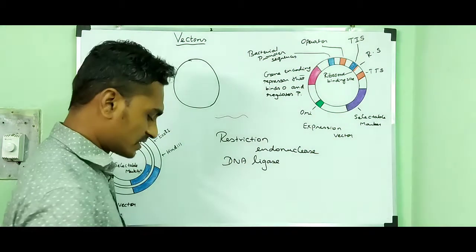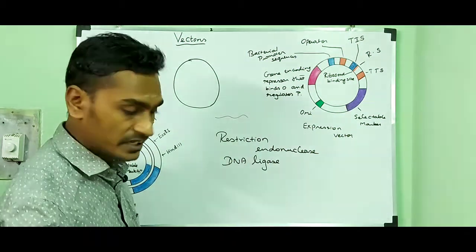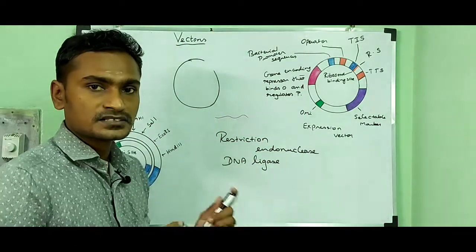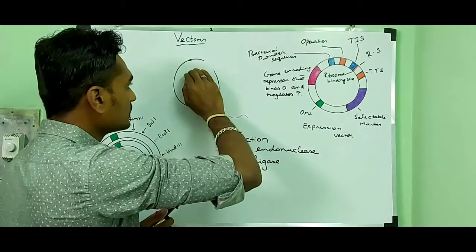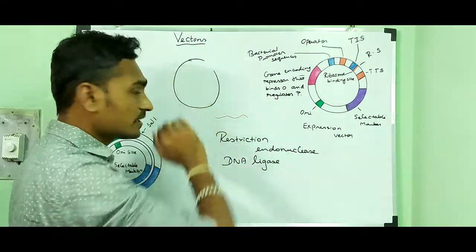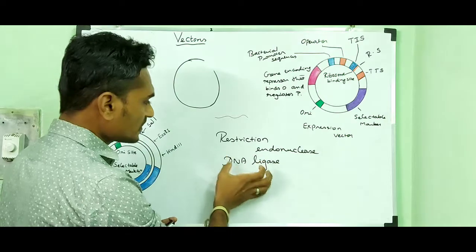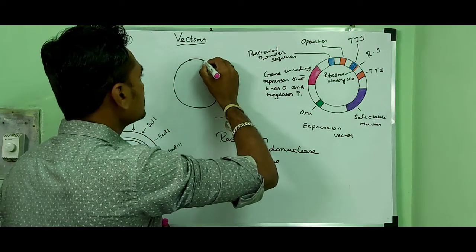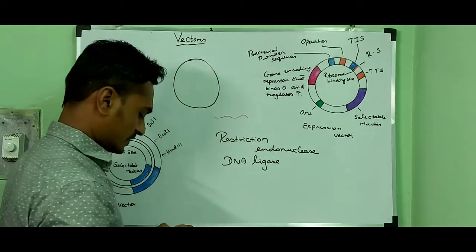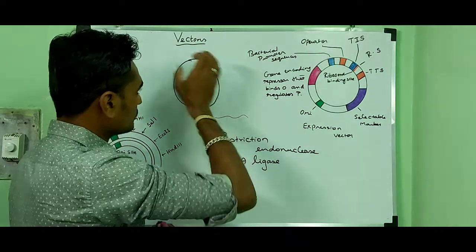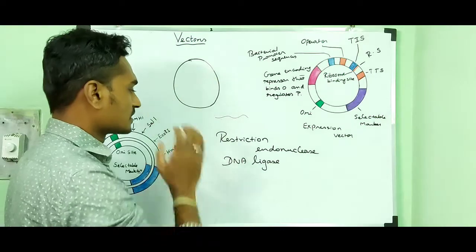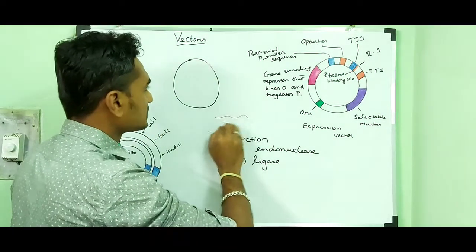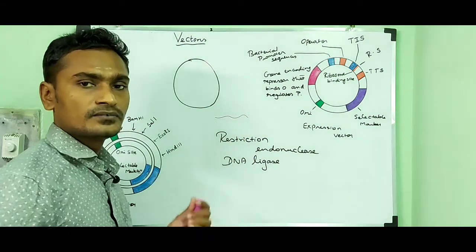With the help of restriction endonuclease, we can cleave the vector at the specific region. Then with the help of the DNA ligase, we can ligate the gene of interest with the vector.